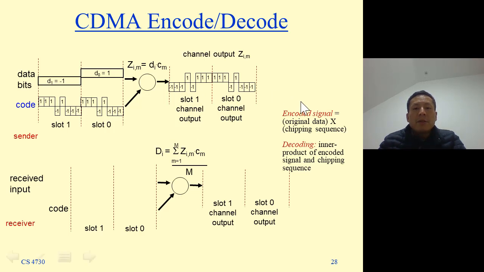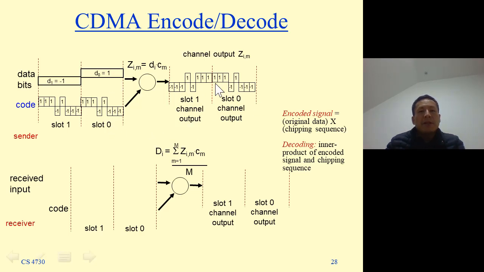So you send this out to the channel, and the receiver side that has the same chipping sequence needs to use it to read the information, to extract the original information, which is -1 and 1. That's our ultimate goal.